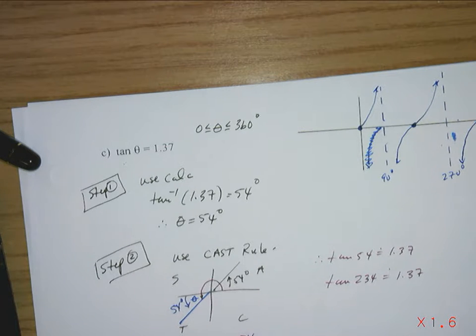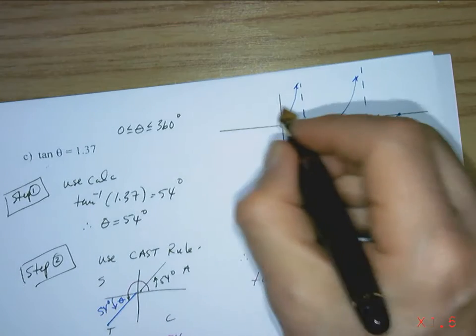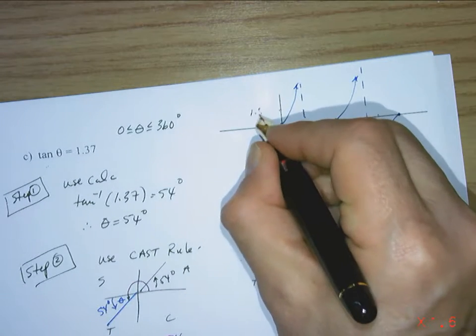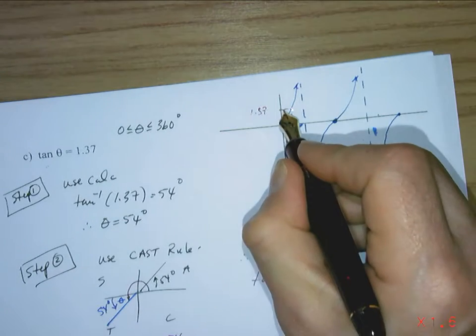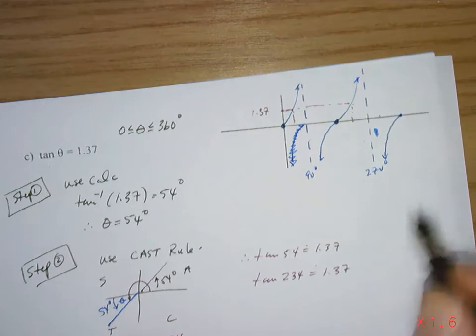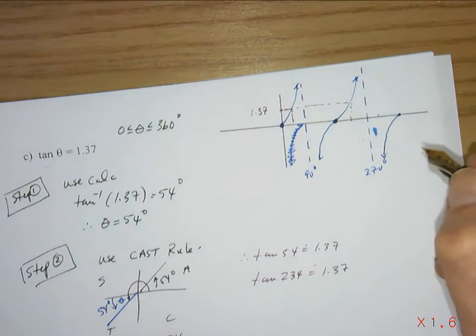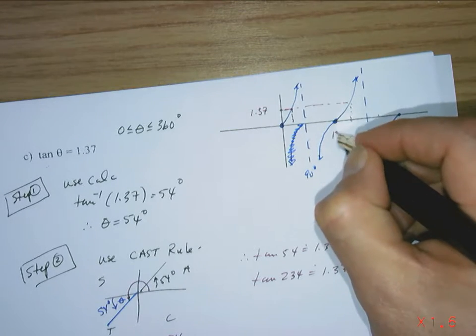So the question, where is the range value going to equal 1.37? You're going to have one answer here in quadrant 1, and you're going to have another answer way over here in whatever quadrant that is. Well, that's 90. That's going to be 180.